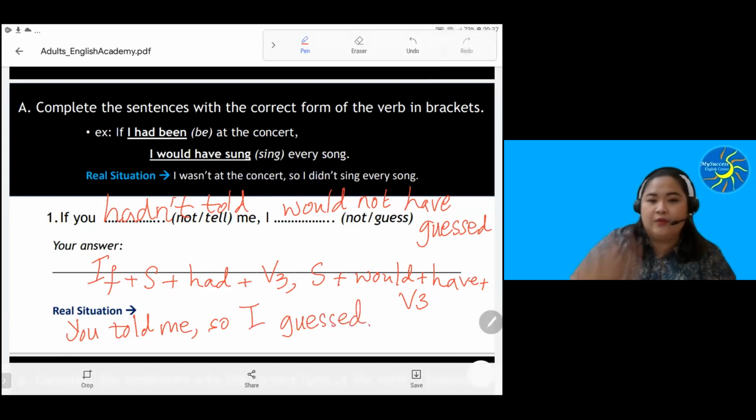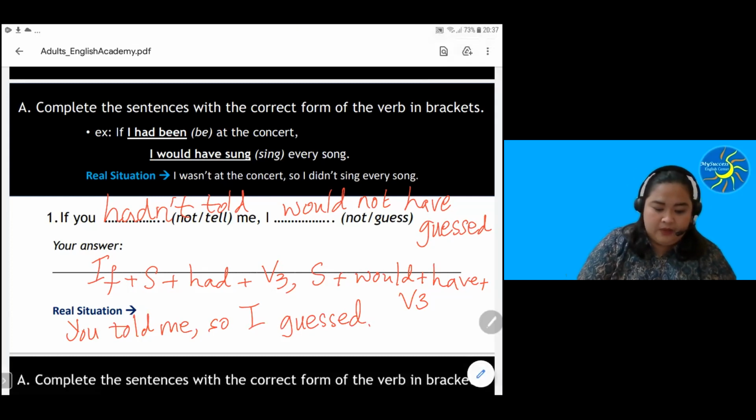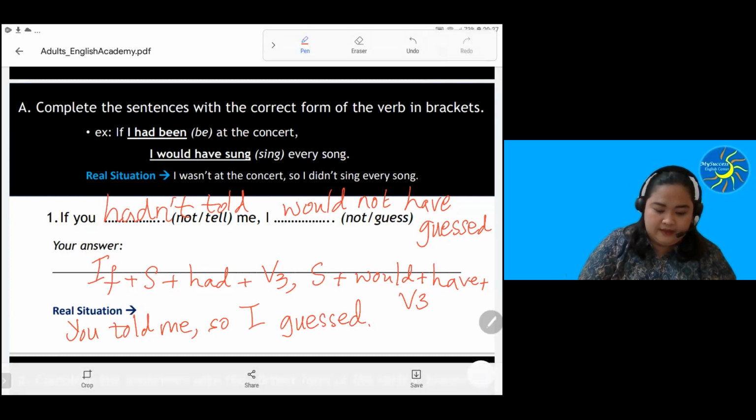Yeah? So you told me, so I guessed. Remember, it has to be contradictory with the third conditional. Right. So that's the first practice. Now we go to the next slide.